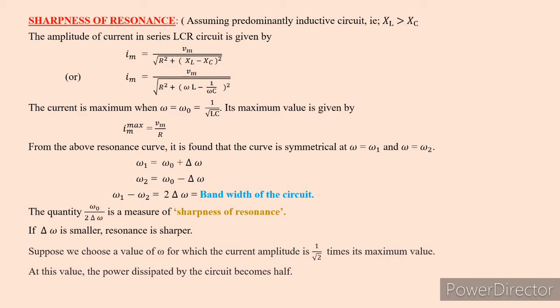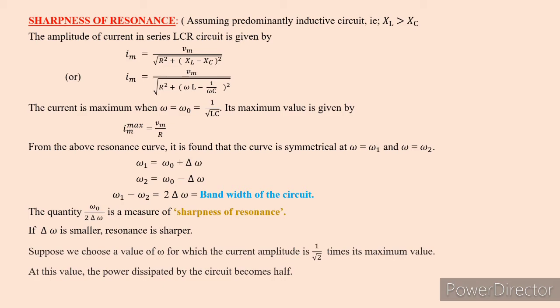This is because XL is equal to omega L and XC is equal to 1 by omega C. The current is maximum when omega is equal to omega naught equal to 1 by root LC. Its maximum value is given by Im max equal to Vm by R.